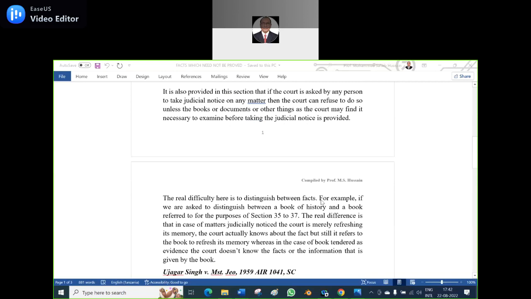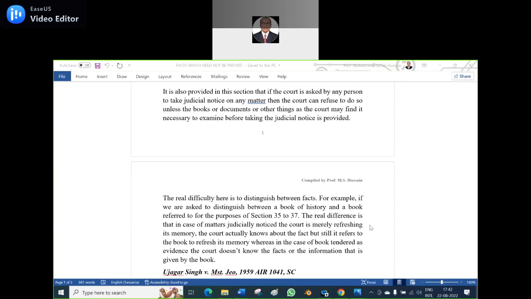So, in that way, the real difficulty here is to distinguish between the facts. For example, if you are asked to distinguish between a book of history and a book referred for the purpose of the section 35 to 37, the real difference is that in case of matter judicially noticed, the court is merely refreshing its memory.